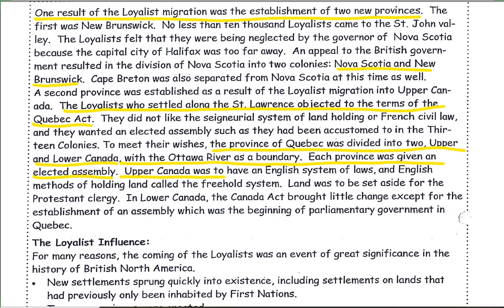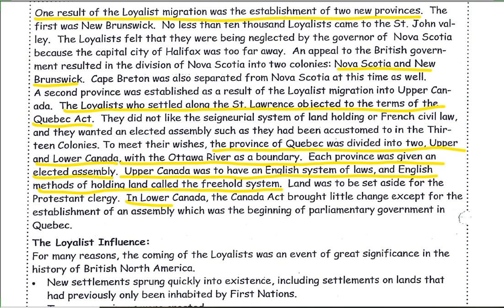Upper Canada was to have an English system of laws and English methods of holding land called the freehold system. Highlight that, please. Land was to be set aside for the Protestant clergy.